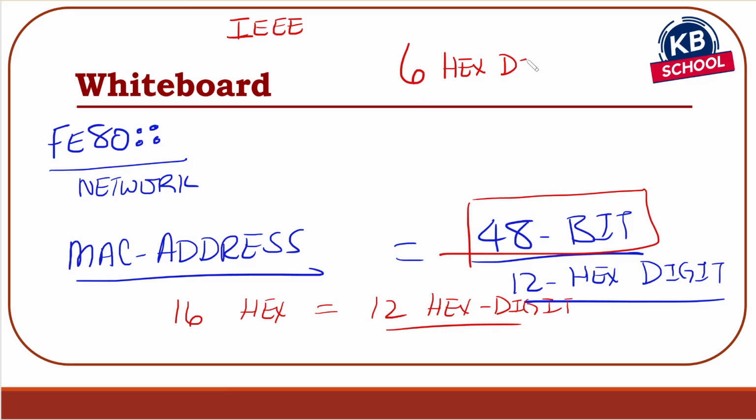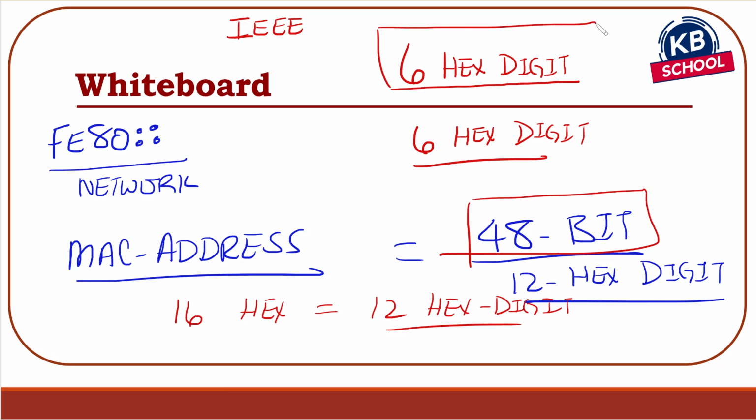This number is administered by IEEE to make it universally unique. Then the individual vendor will manufacture different NICs and assign unique addresses to each device using another 6 hex digits.